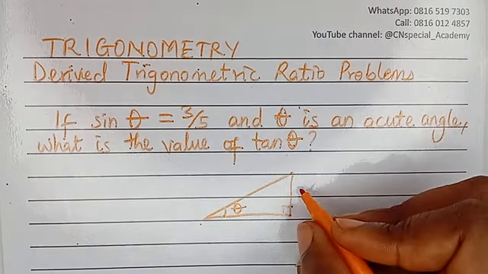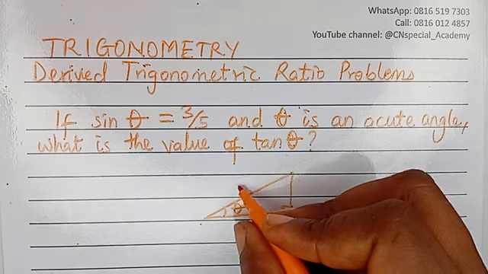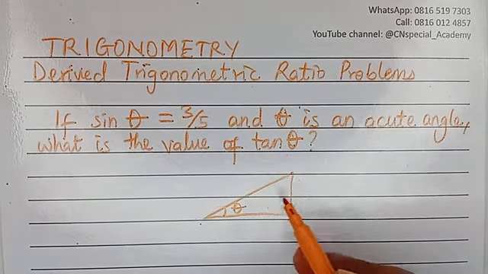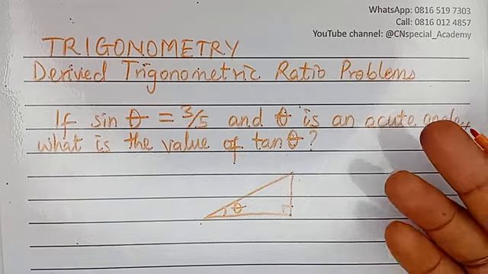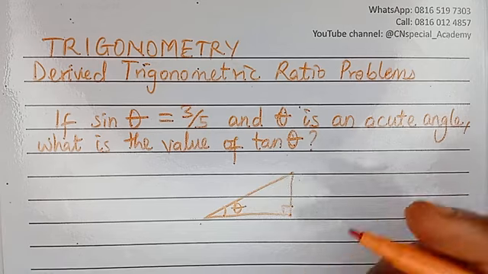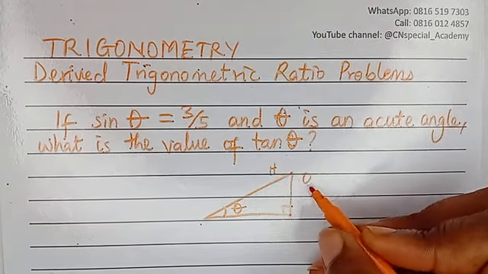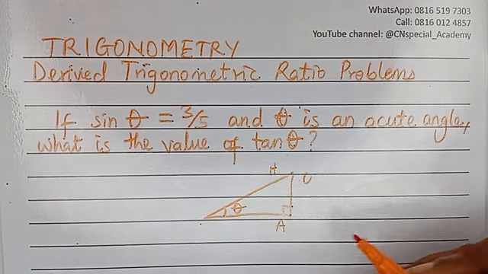So this is the opposite, and this is the hypotenuse, and this is the adjacent of the angle assigned here. You could assign any side of your choice. So this is the hypotenuse, this is the opposite, this is the adjacent.